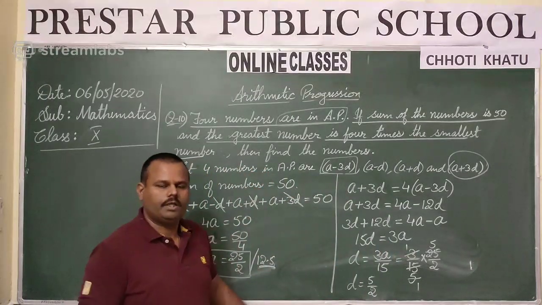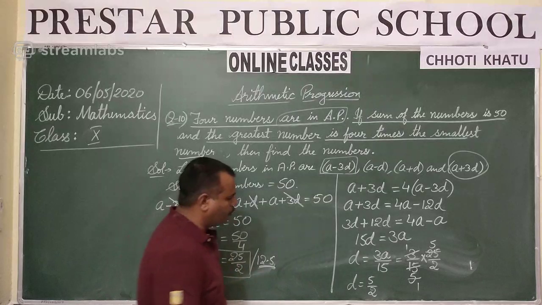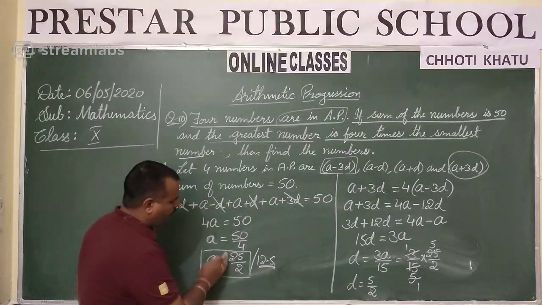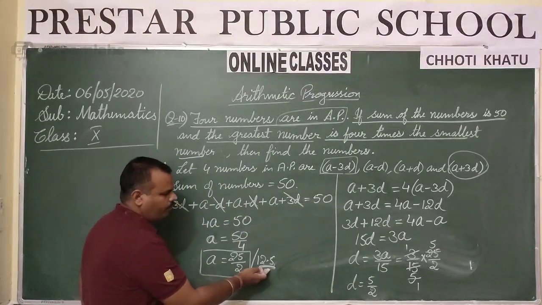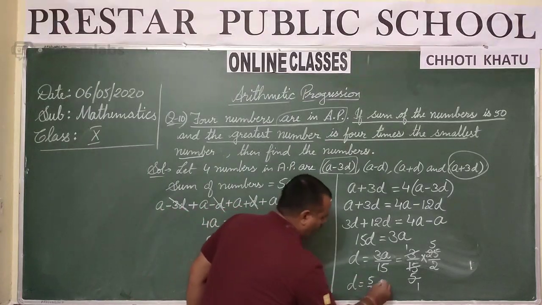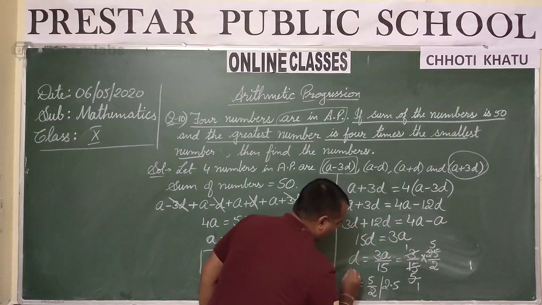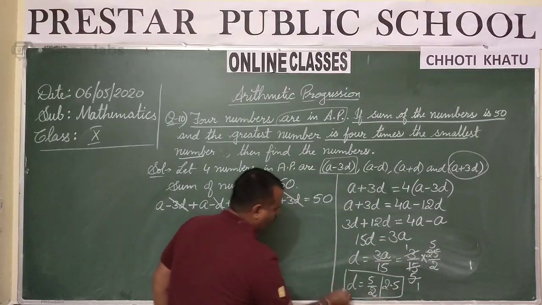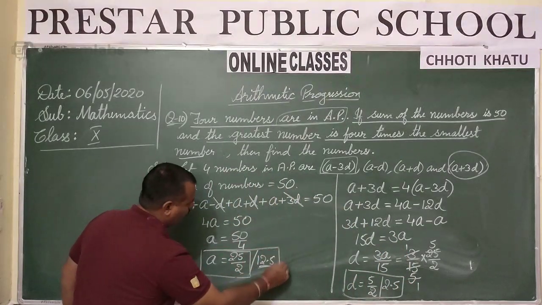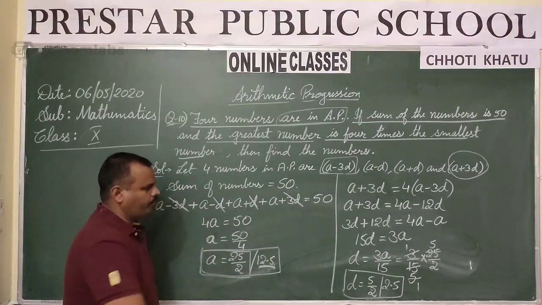D is equal to 5 upon 2. And as we did here with 25 upon 2, we wrote it in decimal form. If you want, you can also write 5 upon 2 as 2.5.